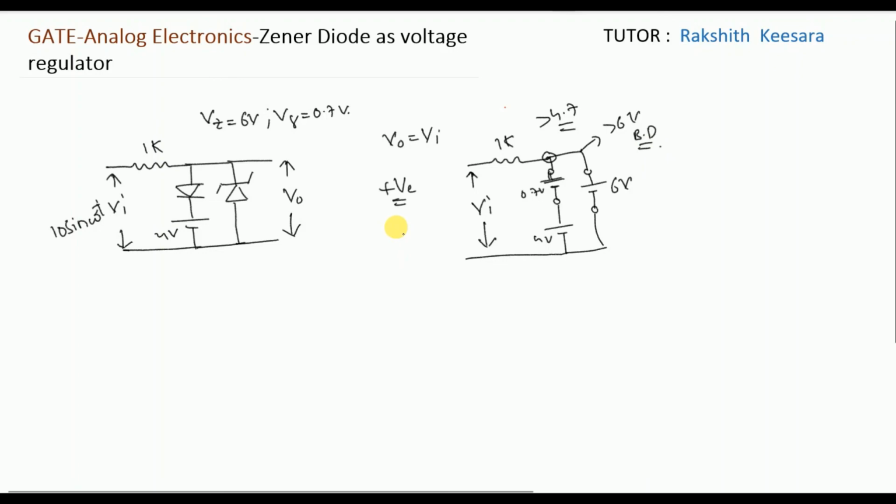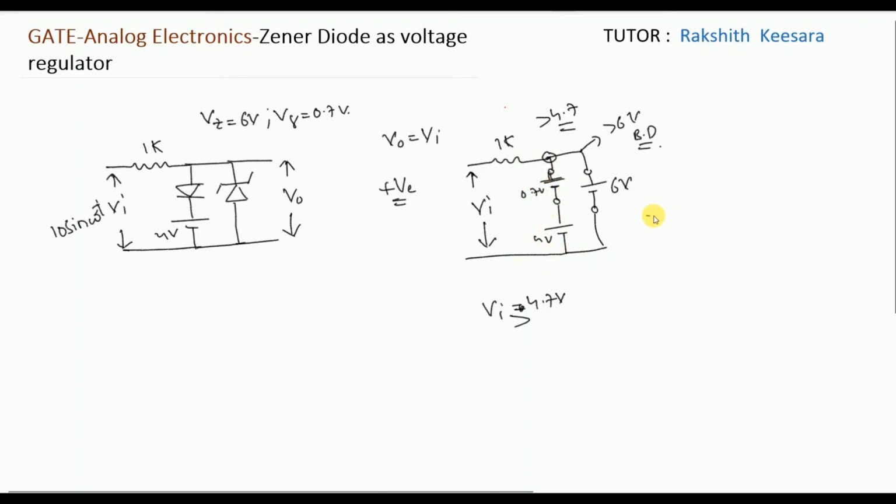So now we will see. We are increasing the input voltage. Let us say that at Vi equal to 4.7 volt or Vi greater than 4.7 volt, this leg is turned on.